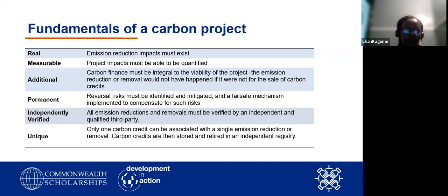For example, let me use my famous example of the cook stove project: if I'm selling an improved charcoal cook stove to somebody who in the baseline was using an unimproved charcoal stove, you check how much charcoal was being consumed in the baseline and how much is now being consumed in the project scenario. From that, you can assess the efficiency improvement and the fuel savings associated with that process. So it must be something that you can measure and report.